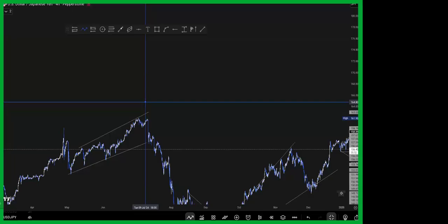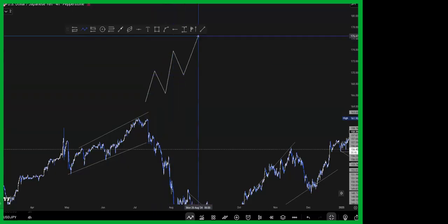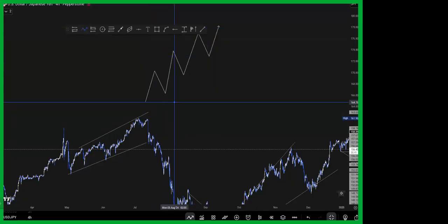Remember, our uptrend is like this, and our downtrend is like this.